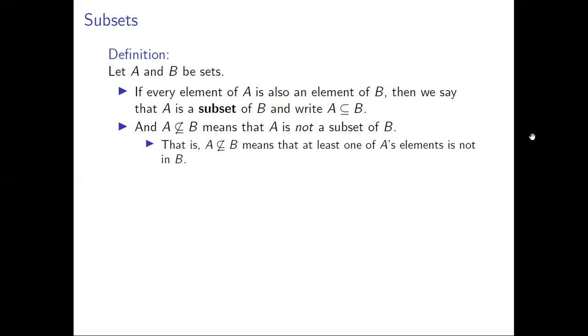Because if every one of A's elements were in B as well, then A would be a subset of B. So if A is not a subset of B, at least one of A's elements is not in B.